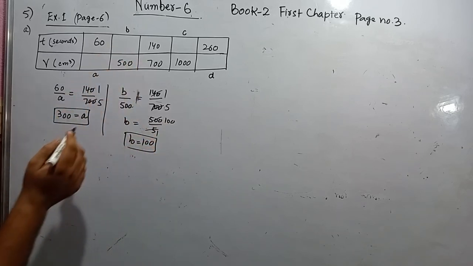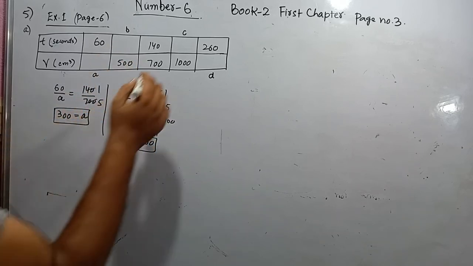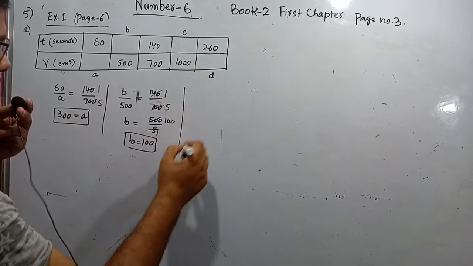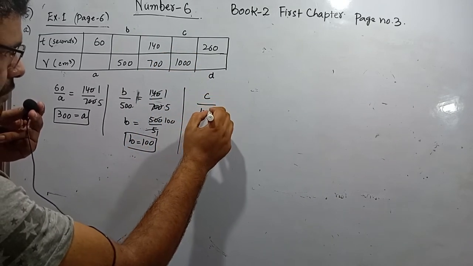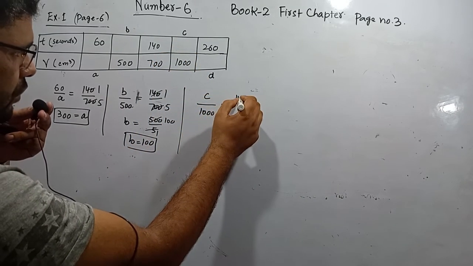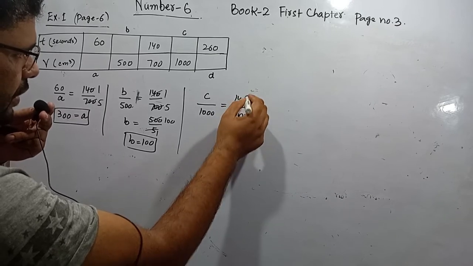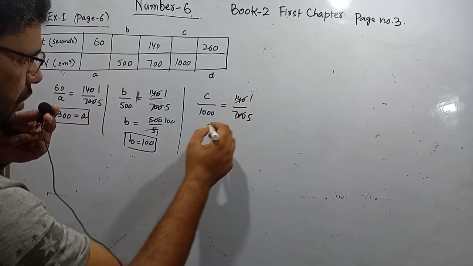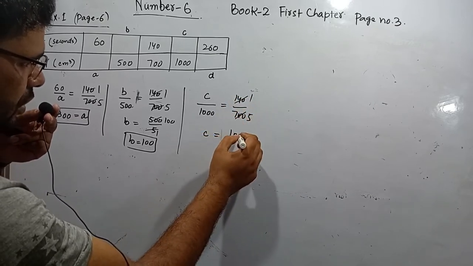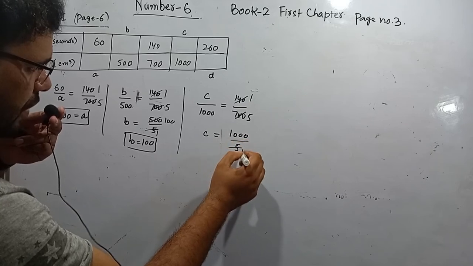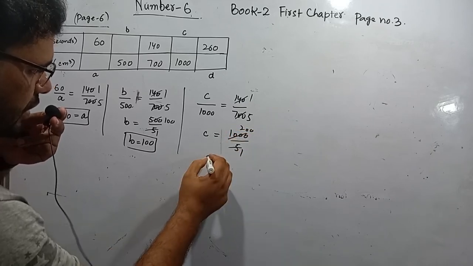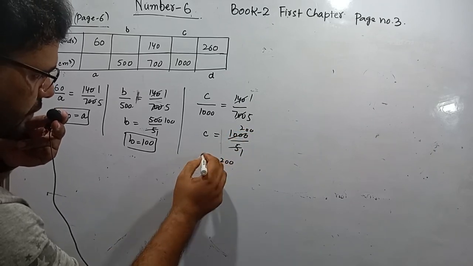This value is 100 here. Now next is C divided by 1000 equals 140 divided by 700, that is 1 divided by 5. So I can write C is equal to 1000 divided by 5, so C is equal to 200.